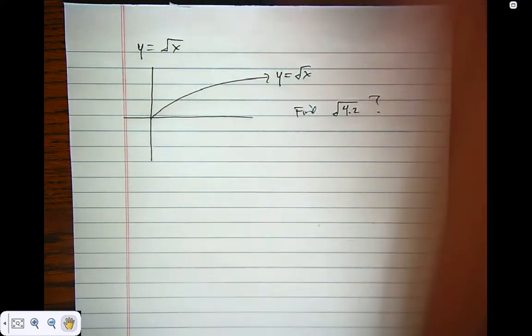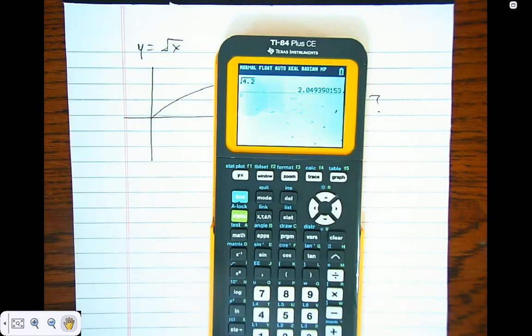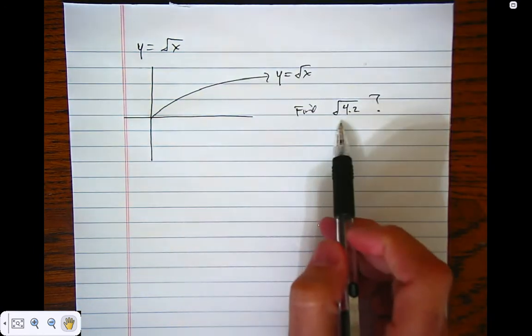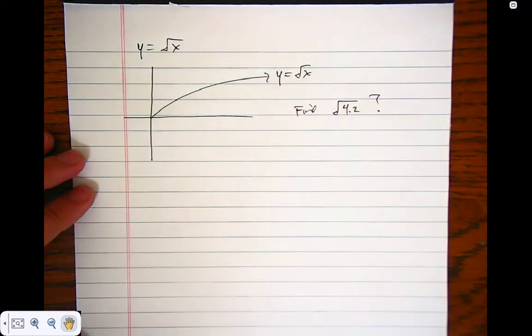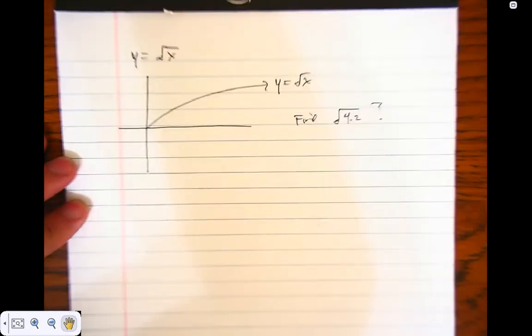If I had a calculator, it's super easy. I type in the square root of 4.2 and you get your exact decimal to however many places you want. But with calculus you're going to get ridiculously close to this correct value without using a calculator, which is kind of embarrassing because we're going to be considered ridiculously smart now. So what are we going to do?